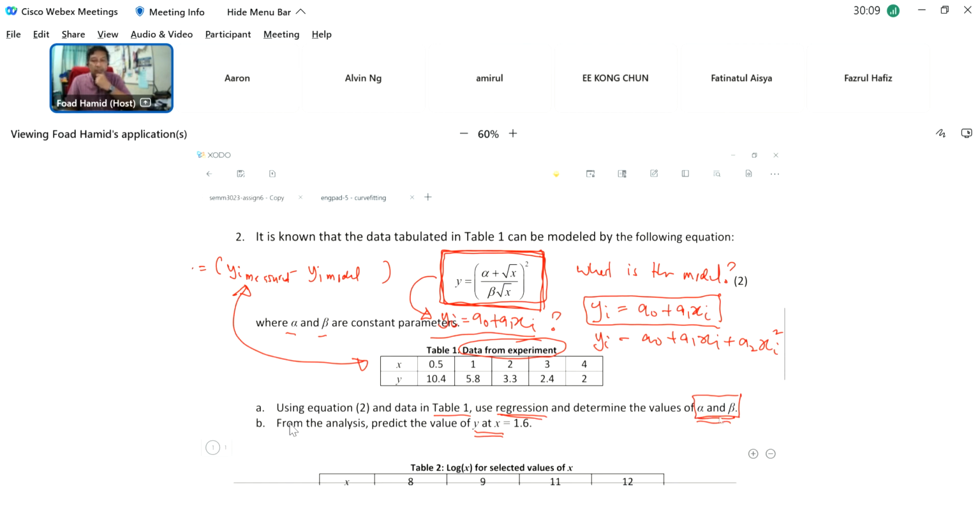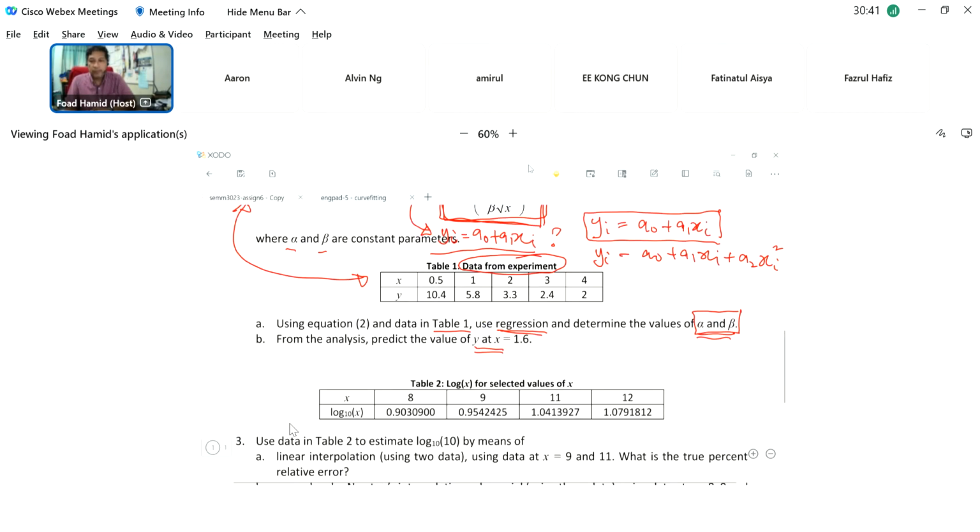There are 5 data points, but the unknown parameters are only 2, A0 and A1, which fit this model, which is linear regression. But the issue here is your original equation is not in this form, which is not linear. So what you need to do is to linearize the original equation.